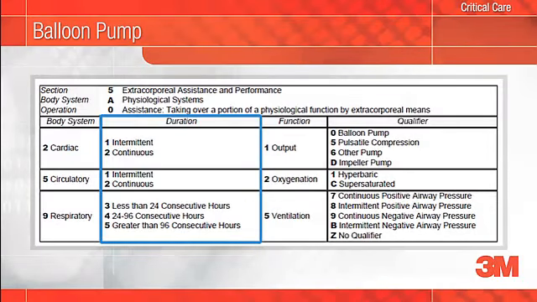The coder must be able to determine from your documentation if the balloon pump is being used intermittently or continuously in order to assign the PCS code.